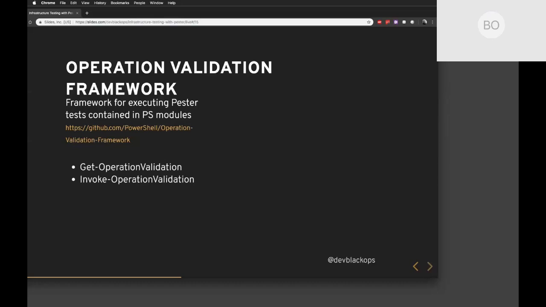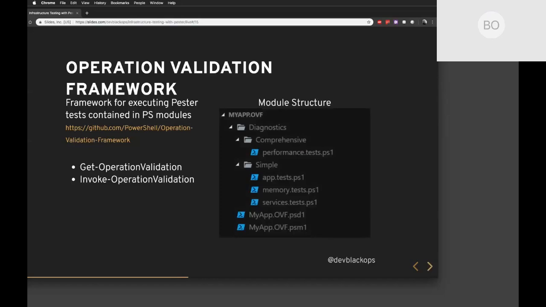This framework is fairly simple in concept in that it only has two publicly facing functions, Get-OperationValidation and Invoke-OperationValidation. Get-OperationValidation enumerates all the PowerShell modules inside your PowerShell module path on your system, does an inspection of them, and looks for Pester tests that are in a certain folder structure.